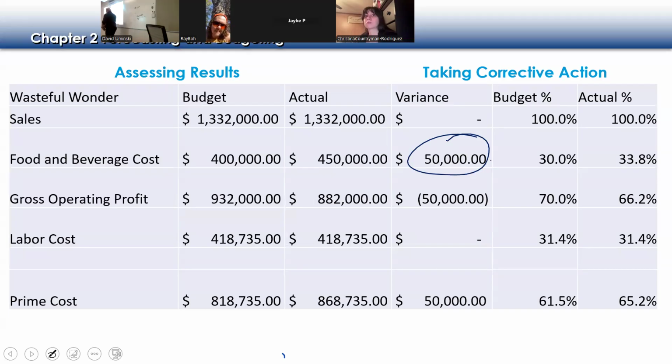We aim for a prime cost of 61.5%, and we actually had 65.2%. So that's 3.5 pennies on $1 million. It adds up to a bigger loss.